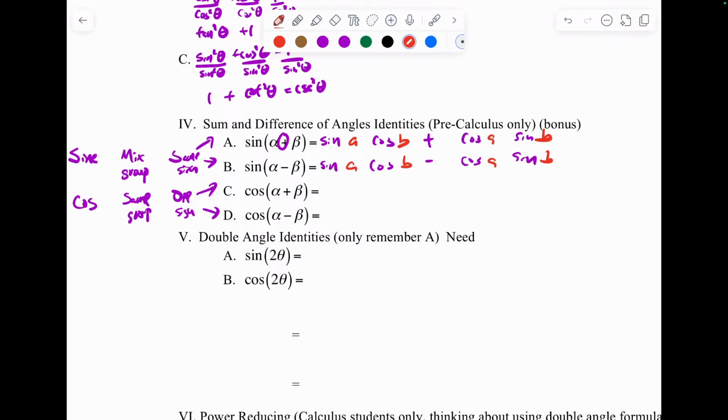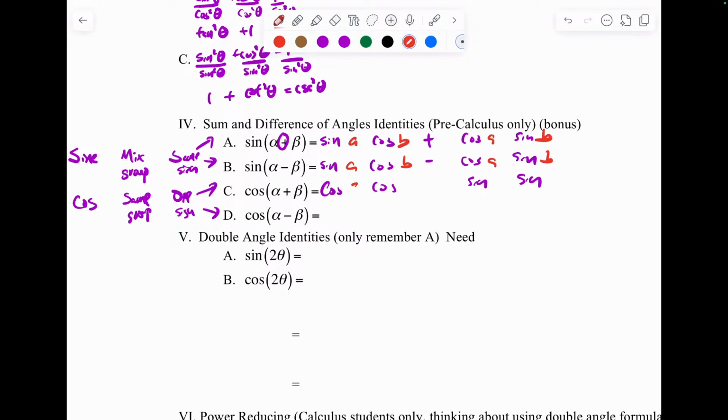Cosine of A plus B. This one is going to be cosine, so it's the same group. What do I mean by same group? The same group is cosine, cosine, sine, sine, because they're just grouped together.